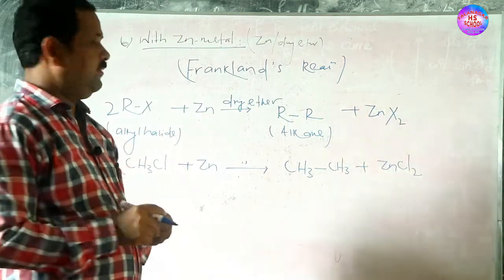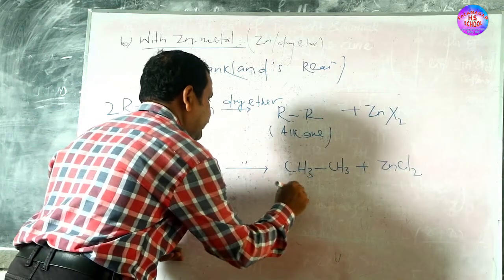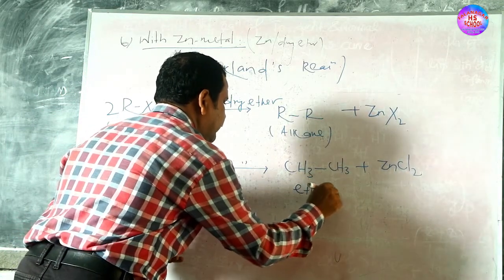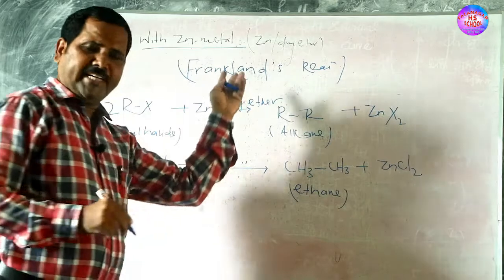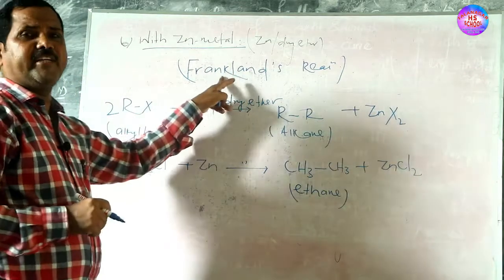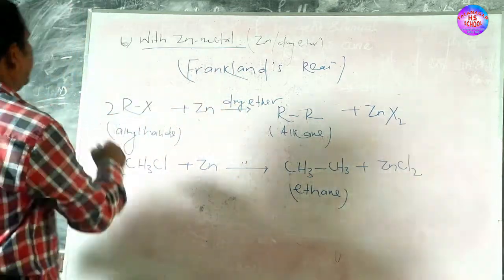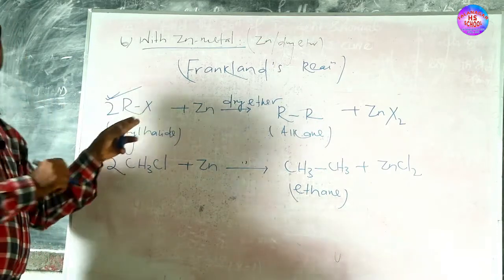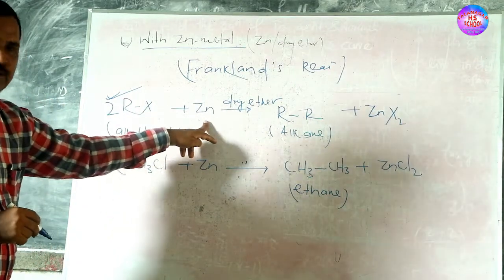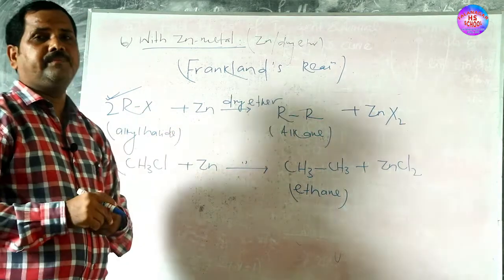It is zinc chloride. We get here ethane. This reaction is named as Frankland's reaction. That means two molecules of alkyl halides react with zinc metal to form an alkane.